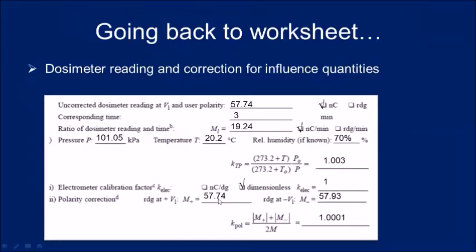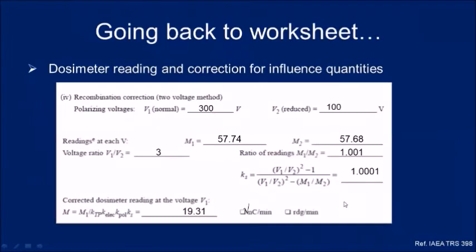And we also did the polarity correction, positive voltage 300 and negative voltage 300 values, and the polarity correction factor was 1.001. And we also did the recombination correction. We did for plus 300 volts and plus 100 volts, and the values of M1 were 57.74 and 57.68, and we calculated using this equation, the equation for continuous radiation, 1.0001.